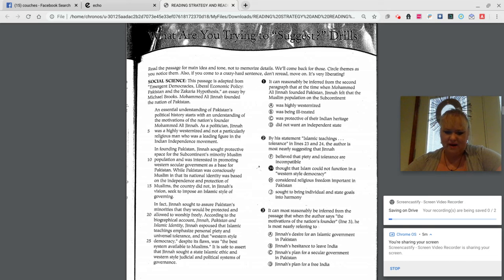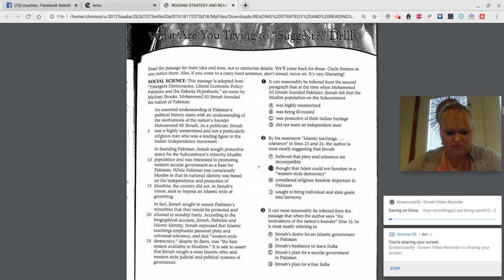Number 2, by his statement, Islamic teachings through tolerance in lines 23 and 24, the author is most nearly suggesting that, and so let's go read that. Let's look at the last paragraph. In fact, Jinnah sought to assure Pakistan's minorities that they would be protected and allowed to worship freely.